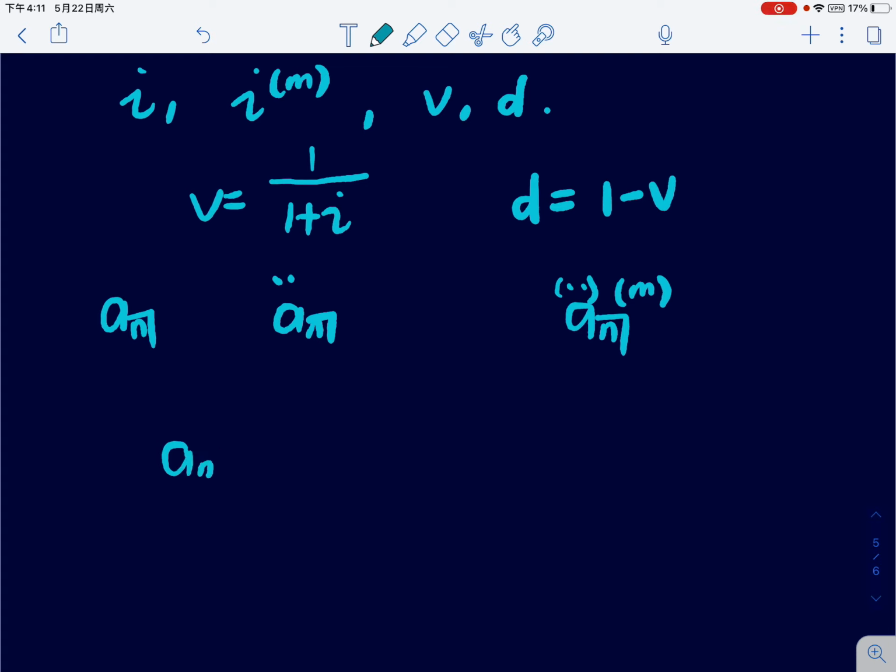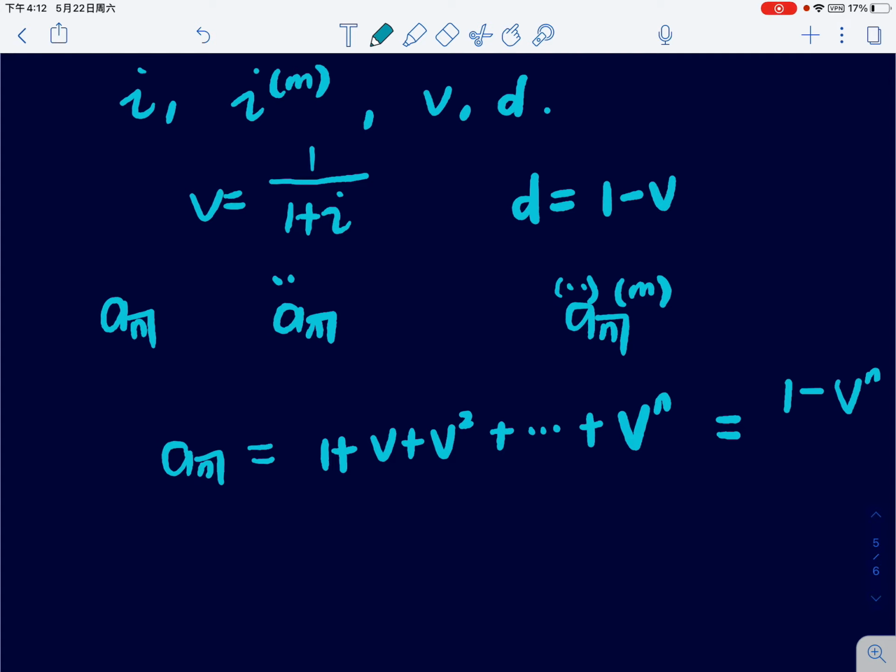So we know a angle n is 1 plus v to the power of 2 plus v to the power of 3, 4, up to v to the power of n. And this finally equals 1 minus v to the power of n over i.